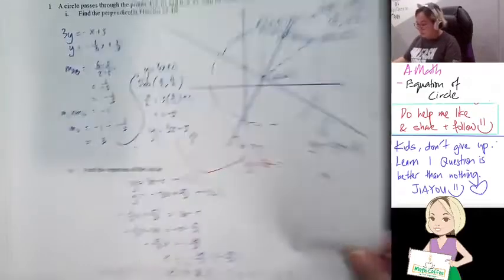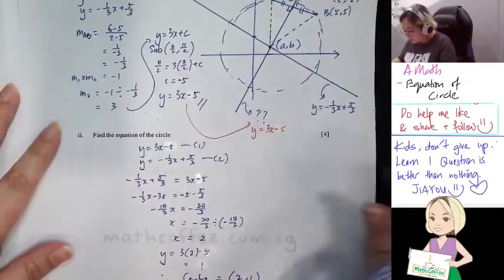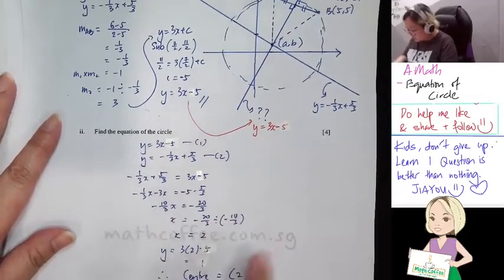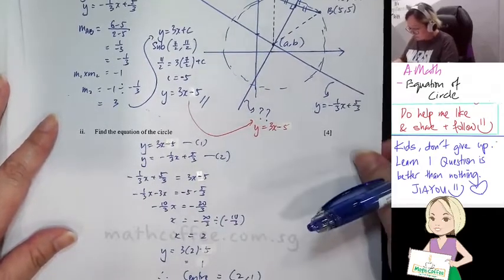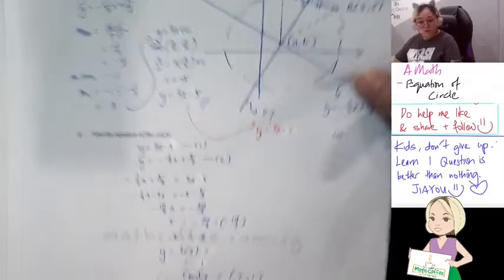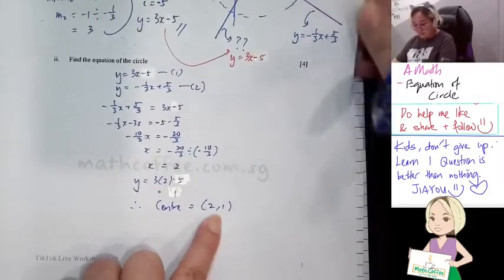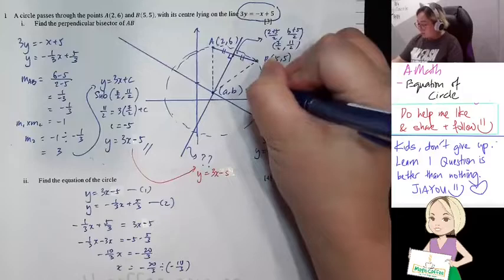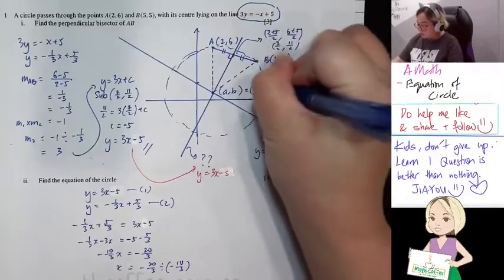Okay, center is 2, 1. Wait, let me just double confirm whether I got all my mistakes corrected. Yep. So now you see, I already have my center. Next I need to find the radius, right? Of course you can update your diagram and say that the center is 2, 1.